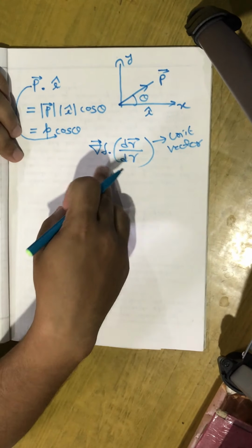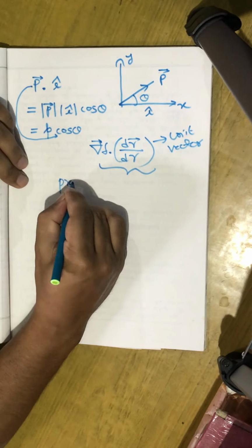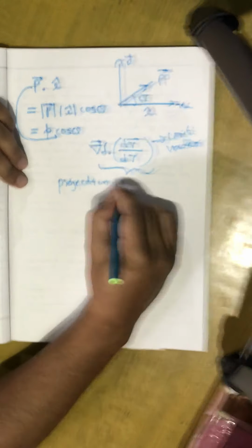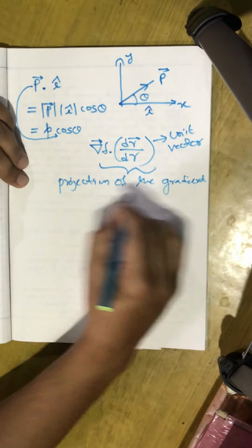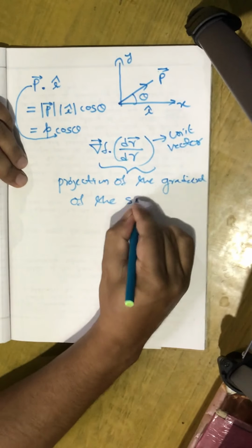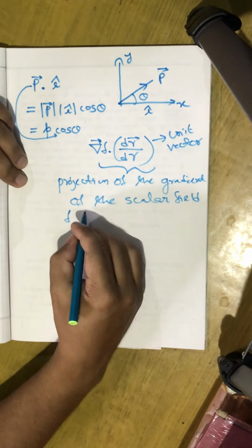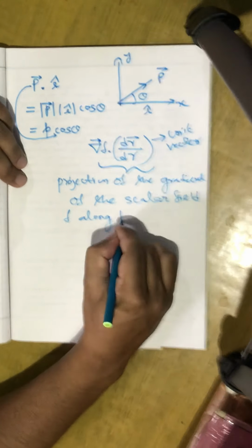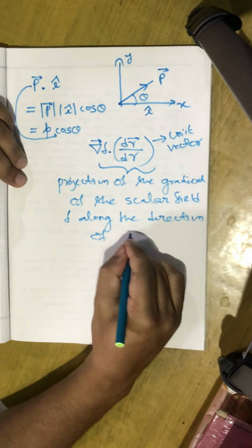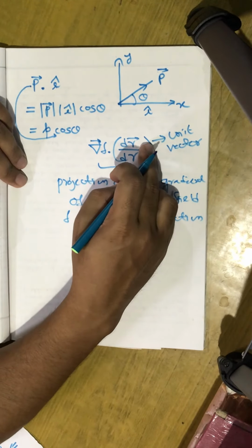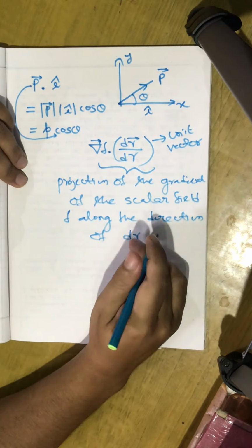So this thing will represent the projection of the gradient of the scalar field f along which direction? The dr direction, because now the unit vector is along the direction of dr.